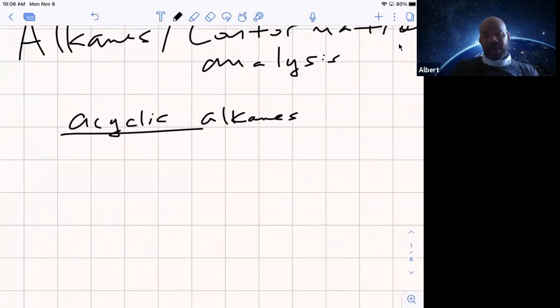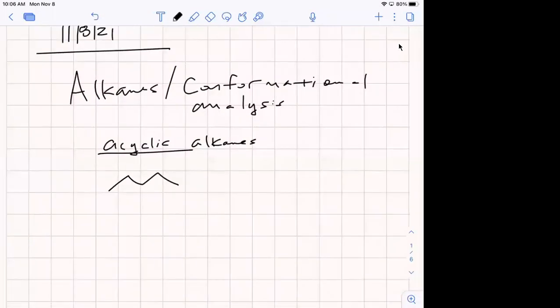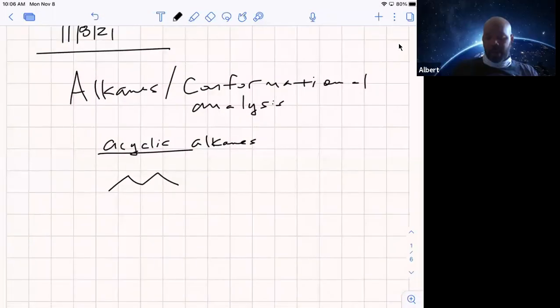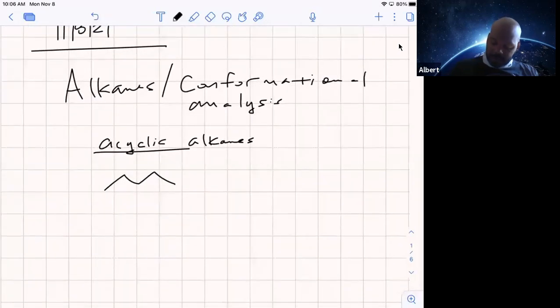Right, we're going to start with acyclic alkanes. So that would be something like this, right? Just a simple chain. We're going to start out with ethane, which is a 2-carbon alkane. And we're also going to look at cyclic alkanes.